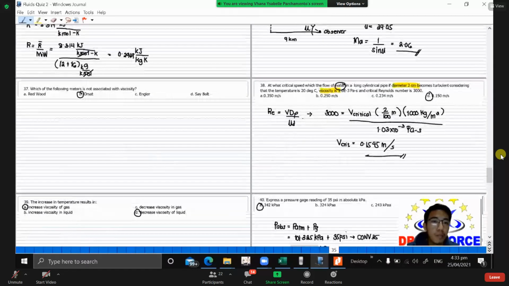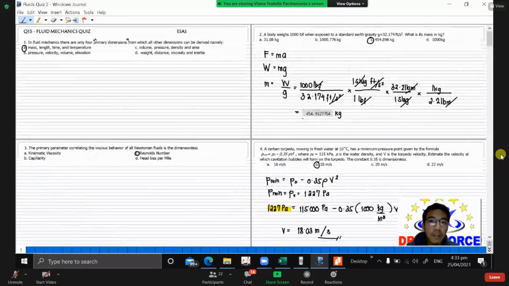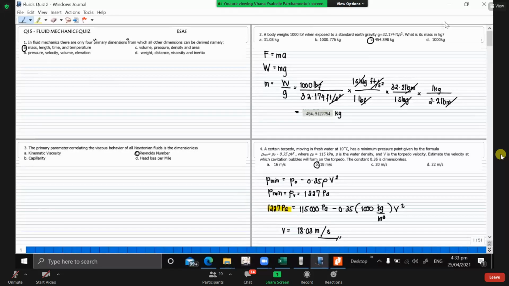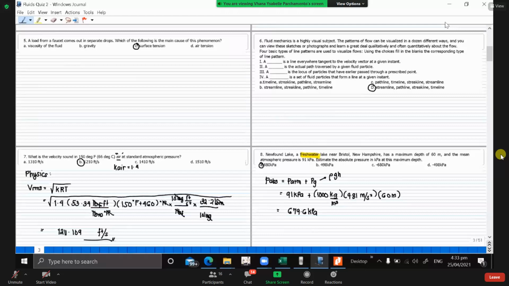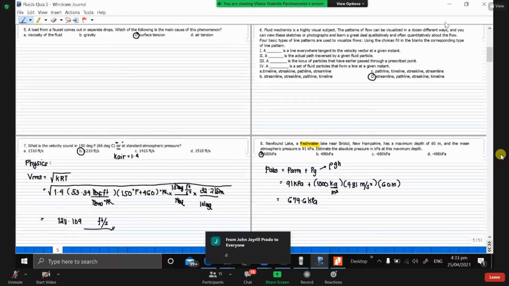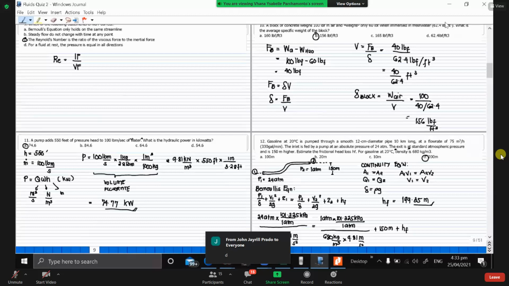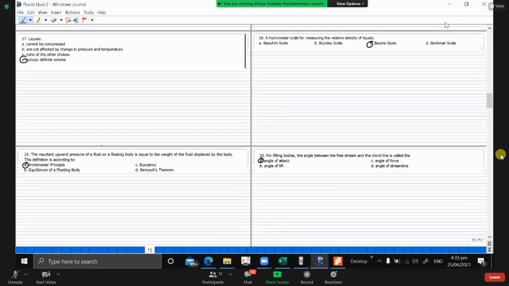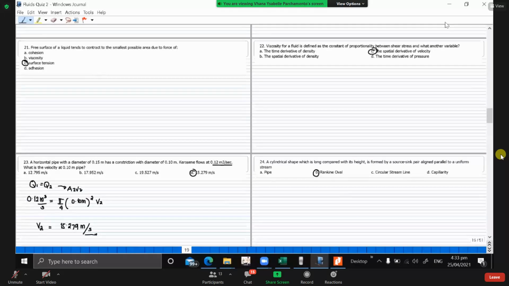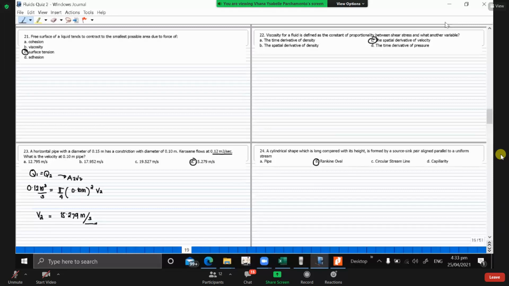Sa mga hindi nakaabot sa una, bilisan na lang to. So ang dami niyang objectives for this quiz.